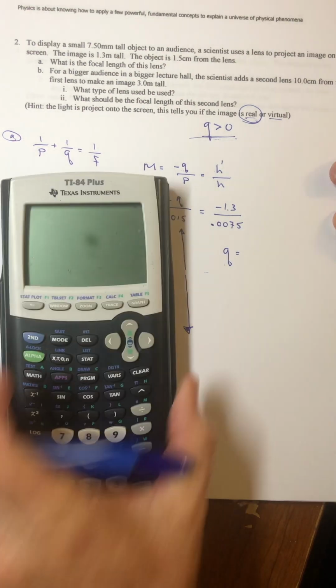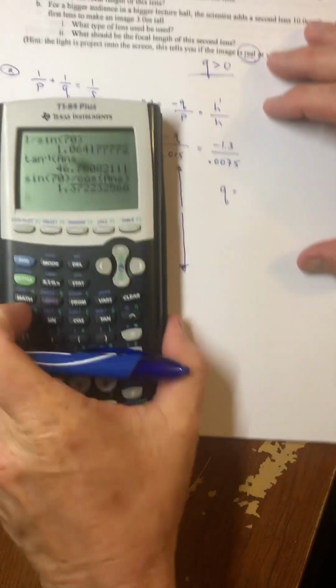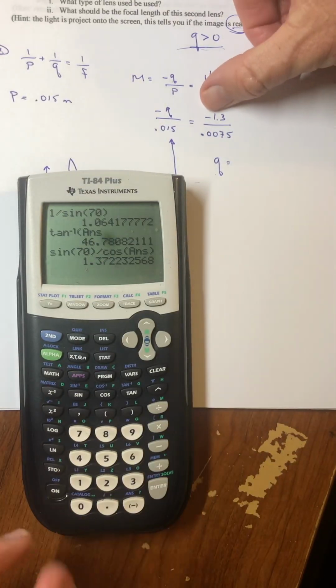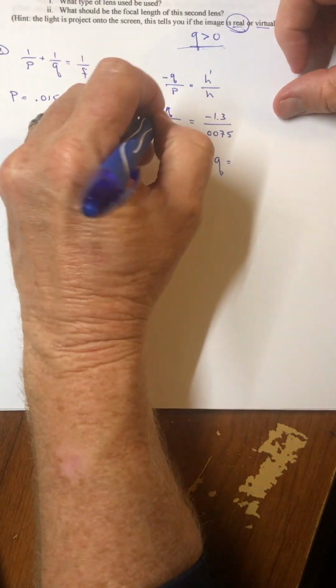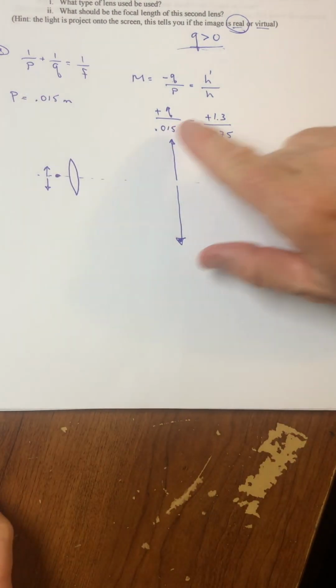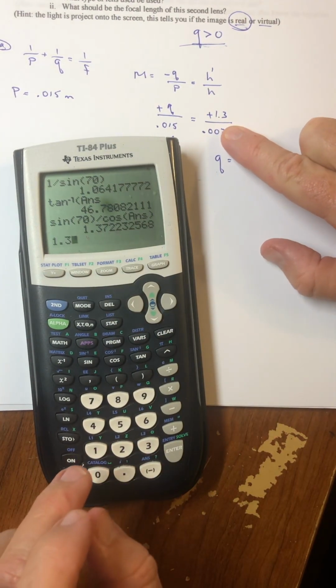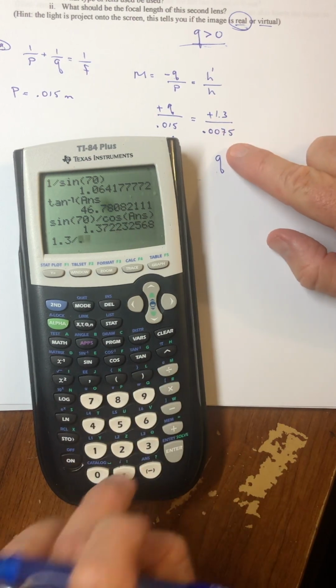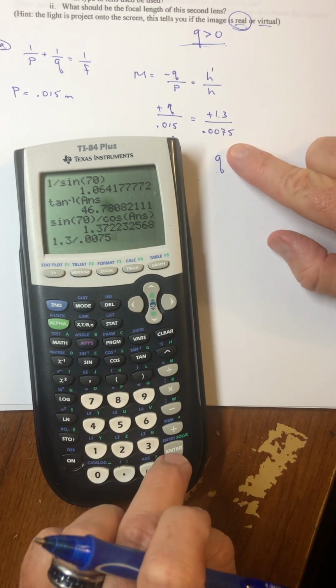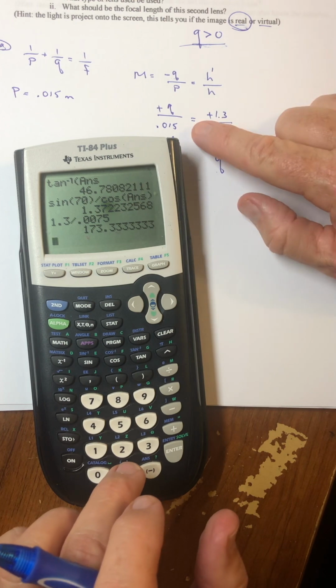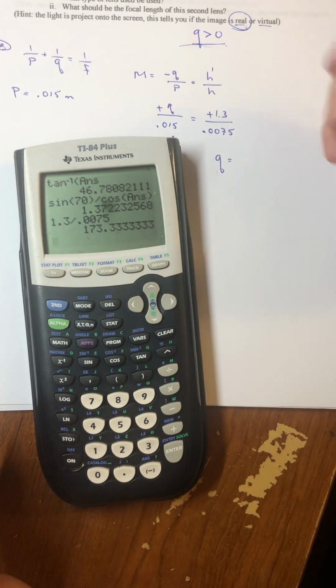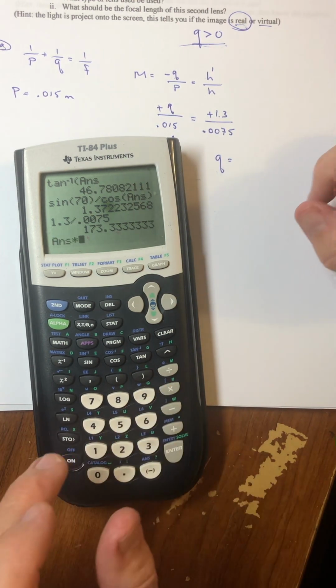All right, so what is the Q? Looking at this math, I'll just cancel off the two negatives, and I'll do the magnification. So 1.3 divided by 0.0075. So there's the magnification. Yeah, 173 times bigger.